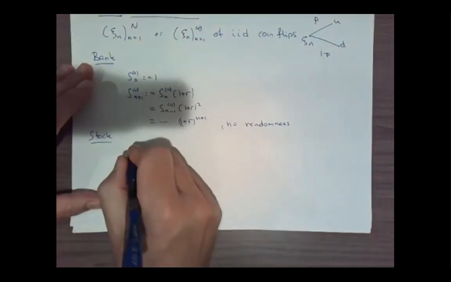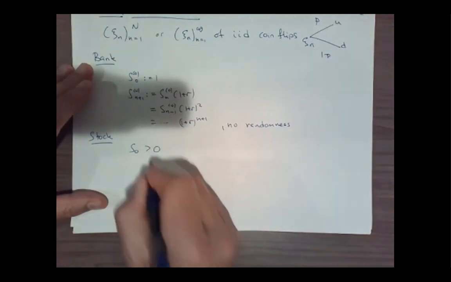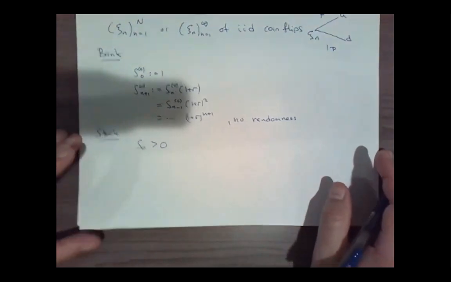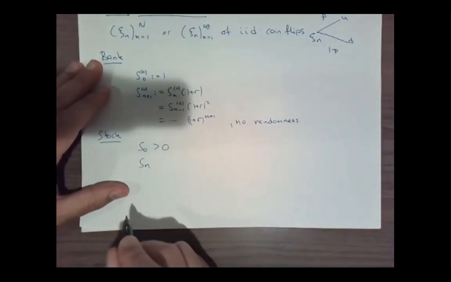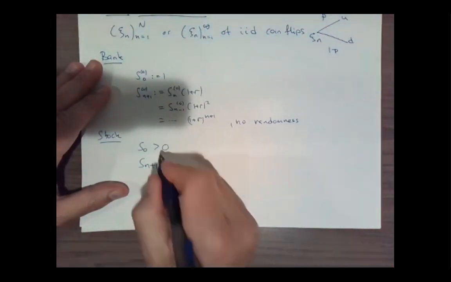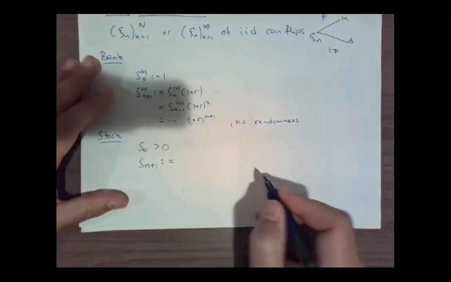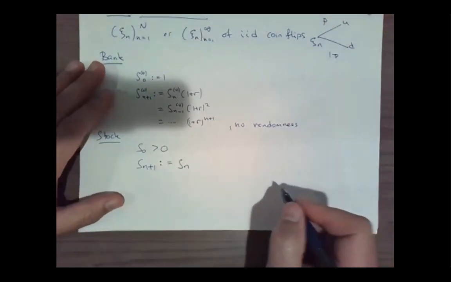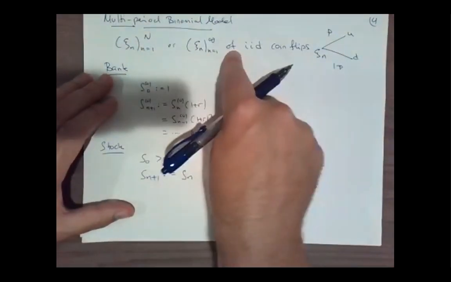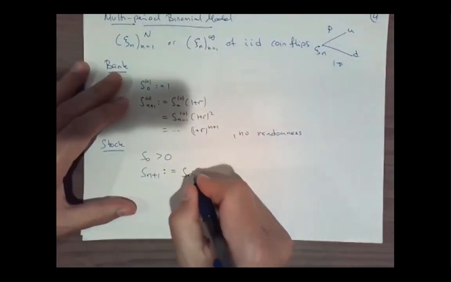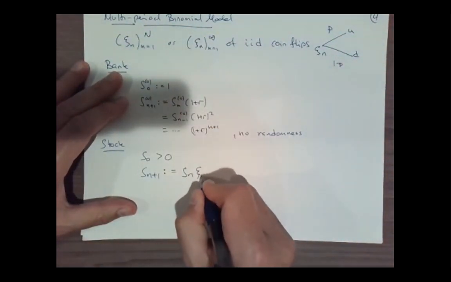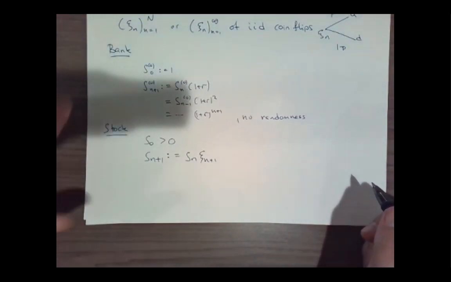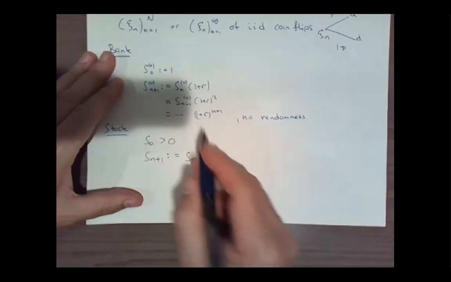So the stock here, you start out with some positive value of the stock, and then you define the stock price at time n plus 1. It's again defined recursively. It's very similar to the formula here. You take the previous one, and then you bring into play the Bernoullis. So Sn times psi n plus 1. And of course, you can iterate it like before.